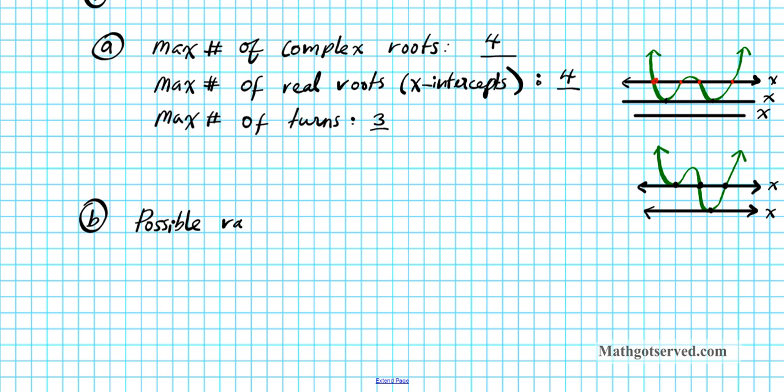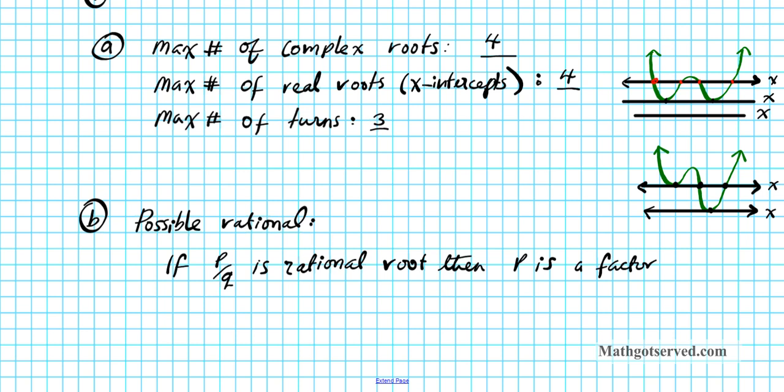So to find out the possible rational roots, we know what the rational roots theorem says: that if P over Q is a rational root, then P is a factor of the last term, and Q is a factor of the coefficient of the first term.